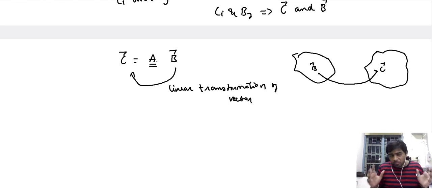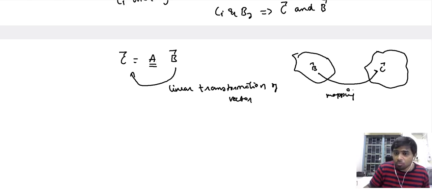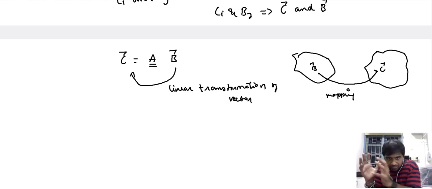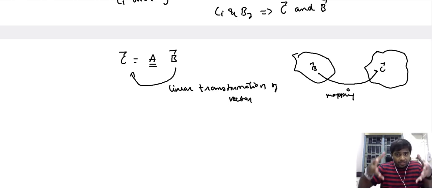You don't have to get into the specific details of transforming, which is referred to as mapping, but the bottom line we need to understand is that we are changing one vector to another vector, and depending on the nature of the matrix that you consider, the vectors might have a different scale when compared to the previous vector. The C vector is possible to have a different dimension when compared to that of the B vector. But nevertheless, we have transformed one vector to another vector by multiplying the existing vector with a matrix.